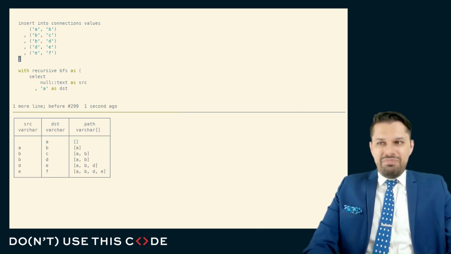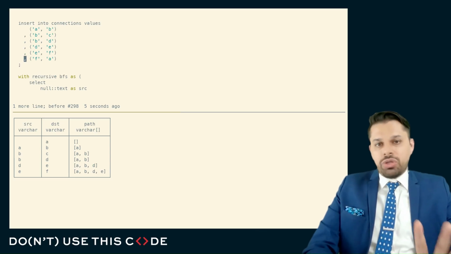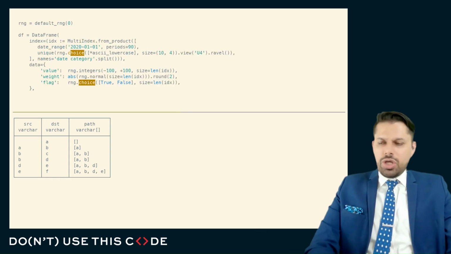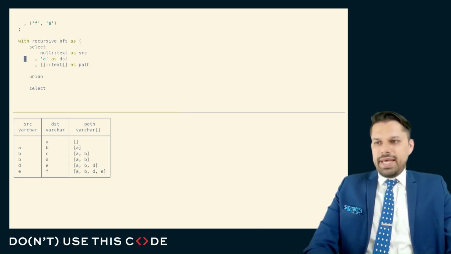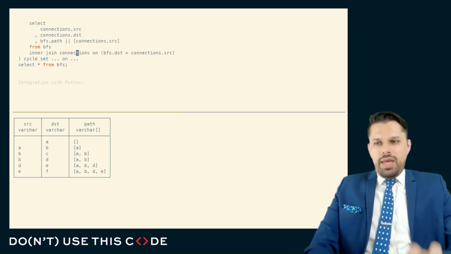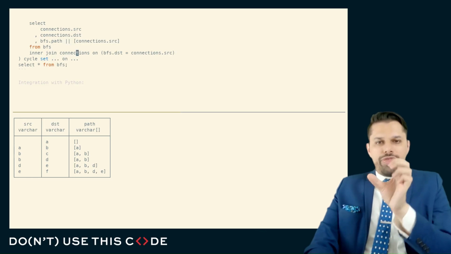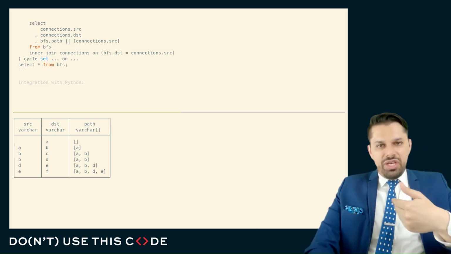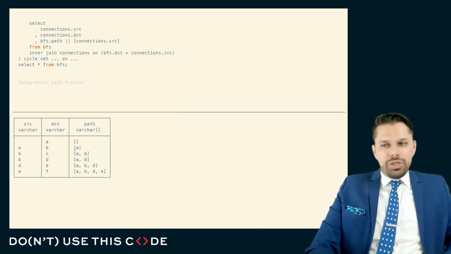The one thing that we might be missing here that is actually very useful in Postgres is cycle detection, or at least automatic syntax for cycle detection. In Postgres, I believe we would do something like cycle, set, whatever, on, whatever, and it would automatically create another column to indicate if we've hit a cycle or not, another column to indicate what the path is that we followed, so we don't need to manually construct this path.